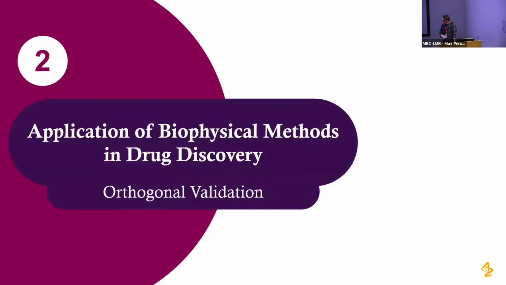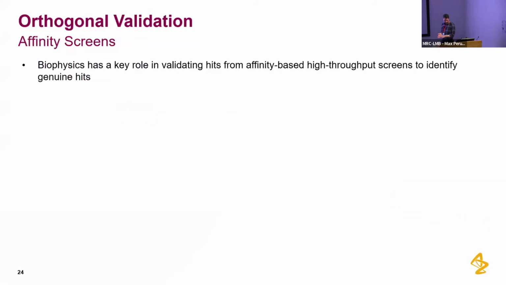Okay, so we can do primary screening by using fragment screening, but another very important activity is orthogonal validation of hits that come from other screening methods. So that could be a biochemical HTS, where you've got a functional assay, you want to look for inhibitors, for example. It could be a cell-based screen. But the example I'm going to show is affinity screens, specifically high throughput affinity screens.